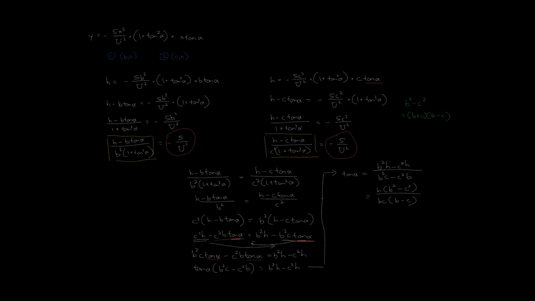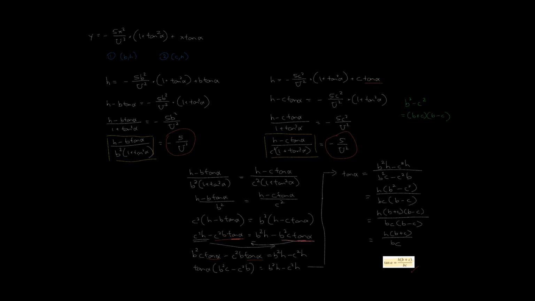So now this equals h(b plus c)(b minus c) over bc(b minus c), and that equals h(b plus c) over bc. And this equals the proof that we needed to prove. I've just brought that back in so we can see exactly that this is correct. So let's give ourselves a tick.